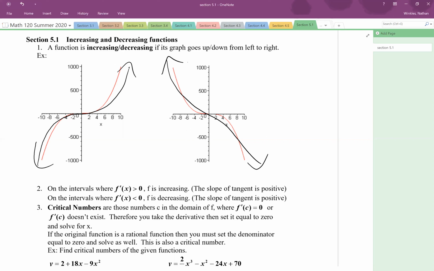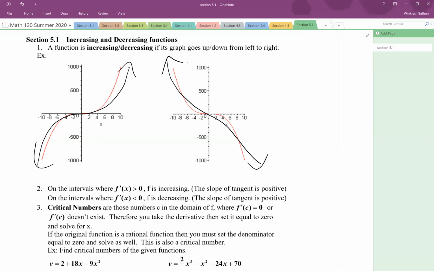Now we want to talk about this in terms of calculus, in terms of derivatives. So on the intervals where f prime of x is greater than 0, our function will be increasing. In other words, the slope of the tangent line is positive. On the intervals where f prime of x is less than 0, our function will be decreasing.